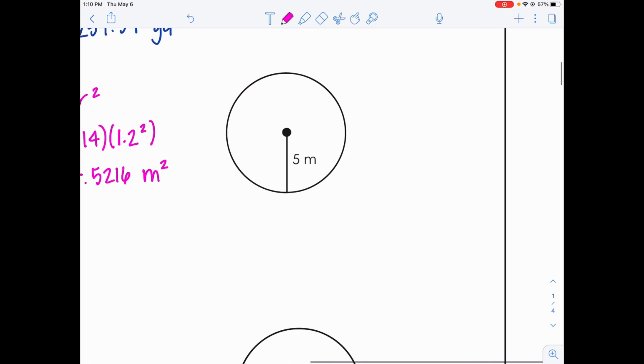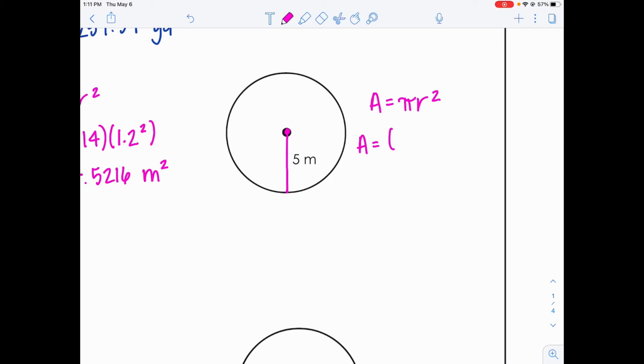Next one. First question I'm going to ask myself, do they give me the radius? And on this one, it is from the center to the outside of the circle, so that is indeed the radius. Because I know that they've given me the radius, I can use my formula. Area is pi times the radius squared. Plugging in what we know.